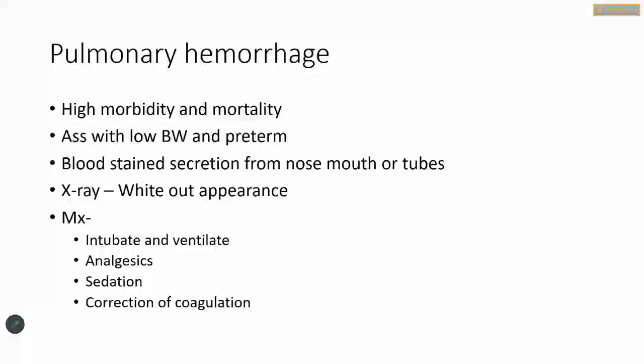And if there is a coagulopathy, we have to correct it. Usually there will be a coagulopathy, so we have to do the coagulation profile, and on seeing the result, go for the correction. That is regarding pulmonary hemorrhage.